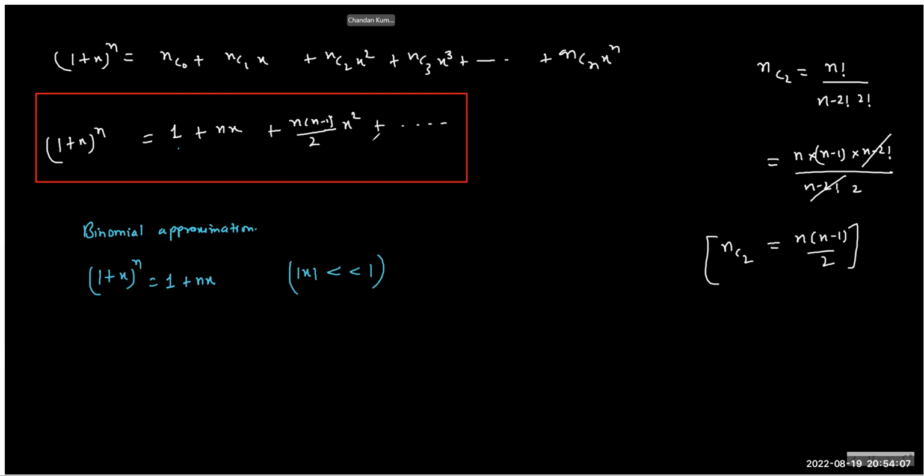Therefore all other terms will be negligible compared to the first two terms. So we can always approximate the answer only up to this value. This is only true when x is very, very small compared to 1. Is this clear?